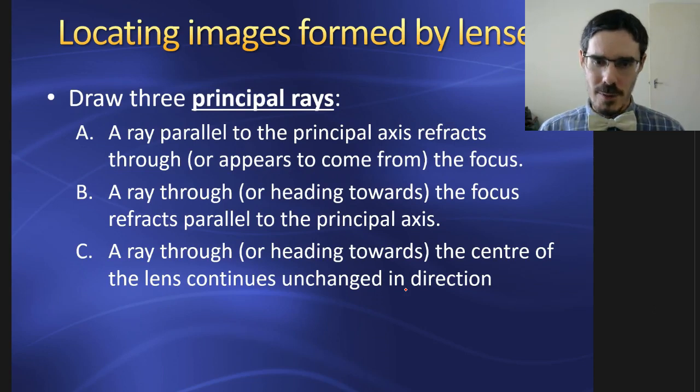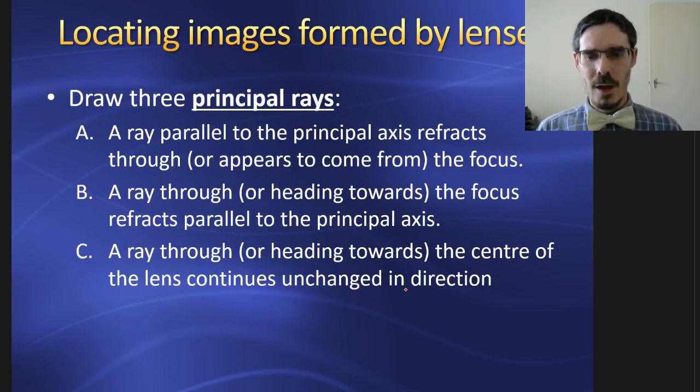A ray through the focus, or for a diverging lens heading towards the focus, comes out parallel to the principal axis. And finally, this is the one that's slightly different, a light ray going through the centre of the lens continues unchanged, doesn't bend at all.